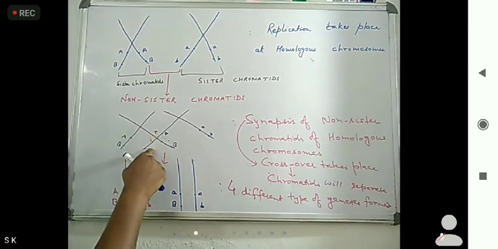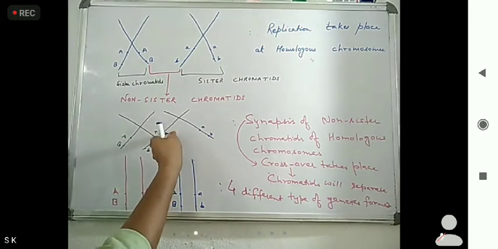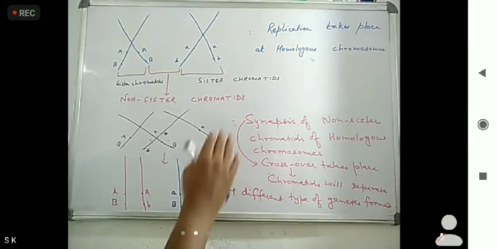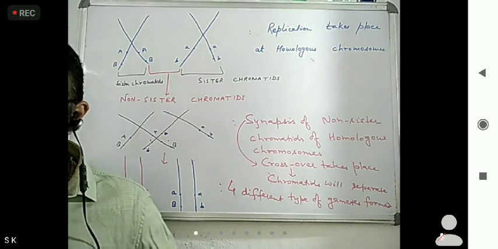See, A, B; here crossover occurs; here small a, capital B came when separation occurs. So in this way, this crossover takes place.